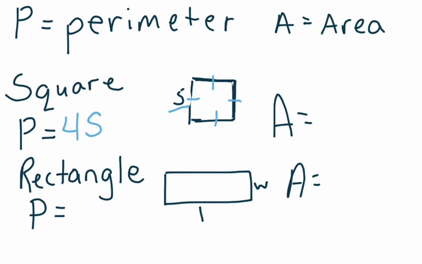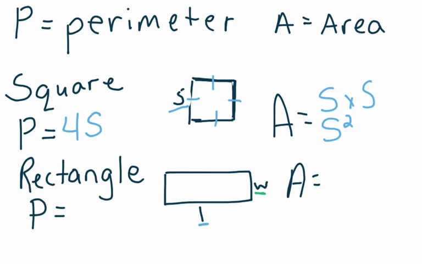Okay. For area, you are going to do side times side, or you're going to say side squared, which means you're multiplying that side twice. Okay, next you have the rectangle. You will see that I have the sides indicated by an L for length and a W for width.